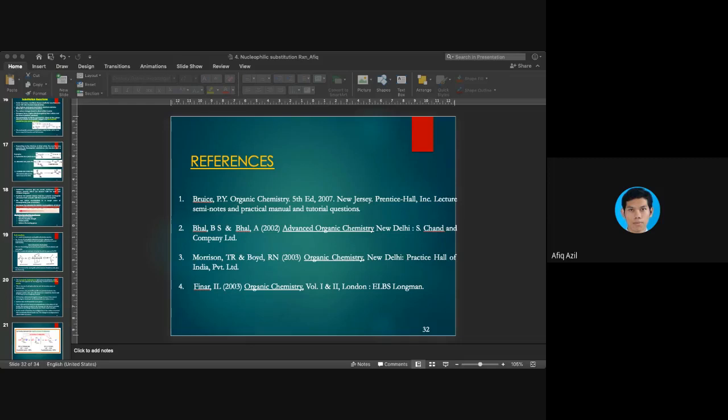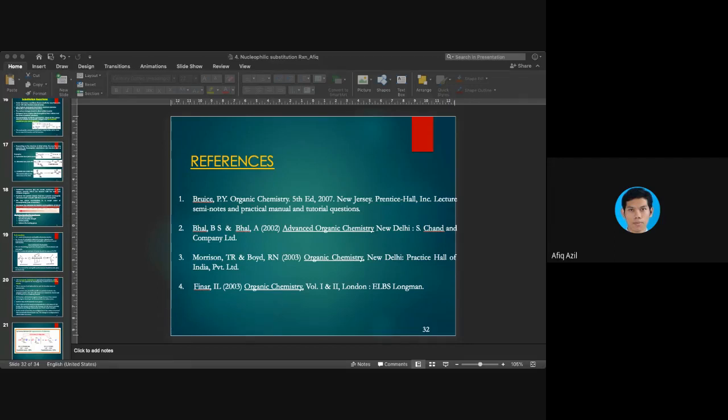Okay, but beta elimination, 1,2 elimination, is when you remove atoms or group of atoms from 2 adjacent carbons. That means side by side, you remove from carbon number 1 and also from carbon number 2. And this elimination of alkyl halide is an example of the beta elimination.